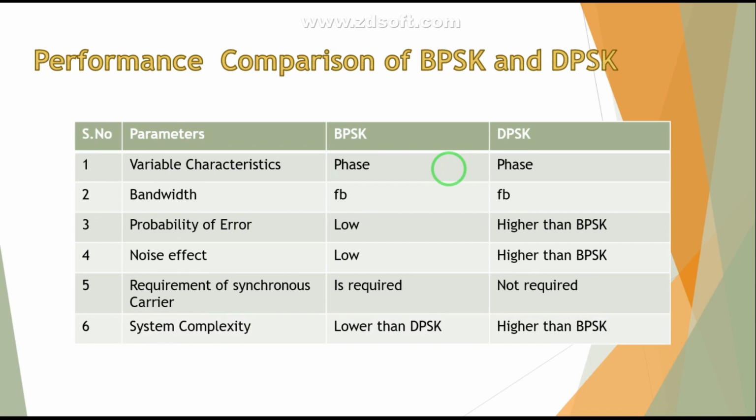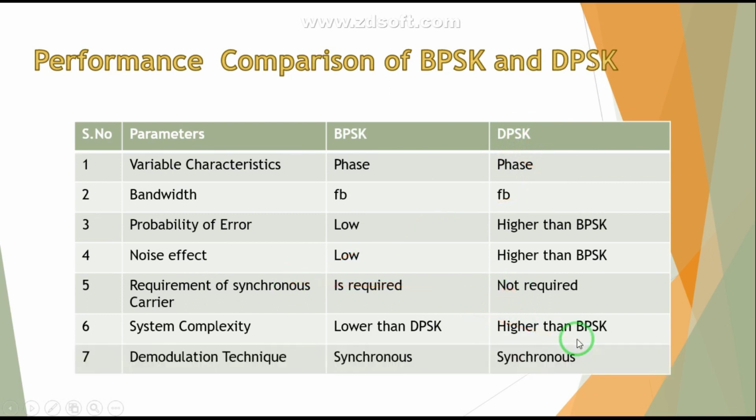The complexity of the system is definitely lower for binary phase shift keying, whereas the complexity of DPSK is a little bit higher than BPSK. Then last, the demodulation technique. It is synchronous for both BPSK and DPSK.